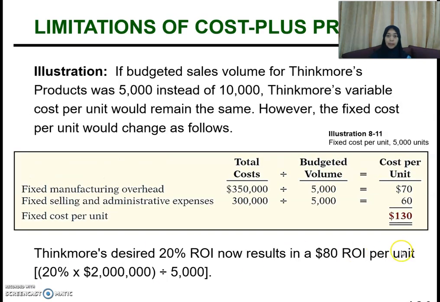Okay. But now you divide by only 5,000. So the per unit will be 130. So Thinkmore's desired 20% ROI now results in an 80 ringgit ROI per unit. Okay, so because you divide, each unit will carry a greater portion of your fixed cost.